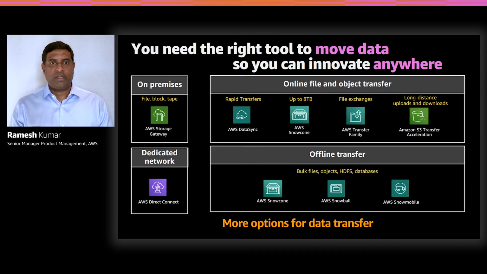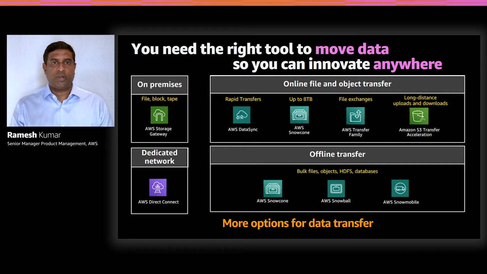AWS Storage Gateway supports three types of gateways: Volume Gateway, File Gateway, and Tape Gateway, which enable customers to have a seamless connection between their on-premises locations and the AWS storage services, caching data locally for low latency access.